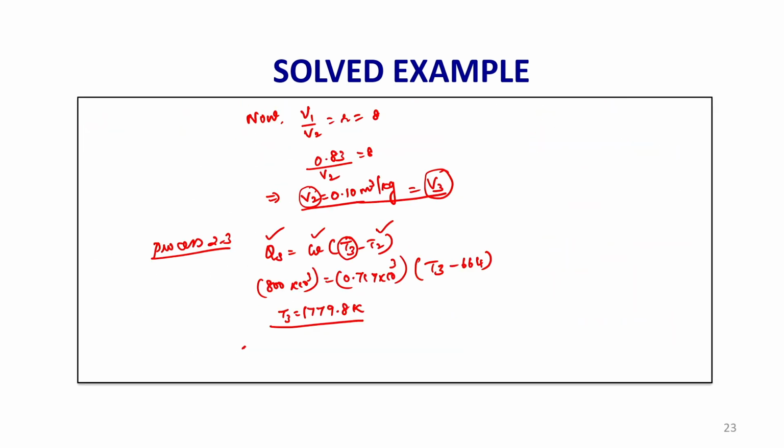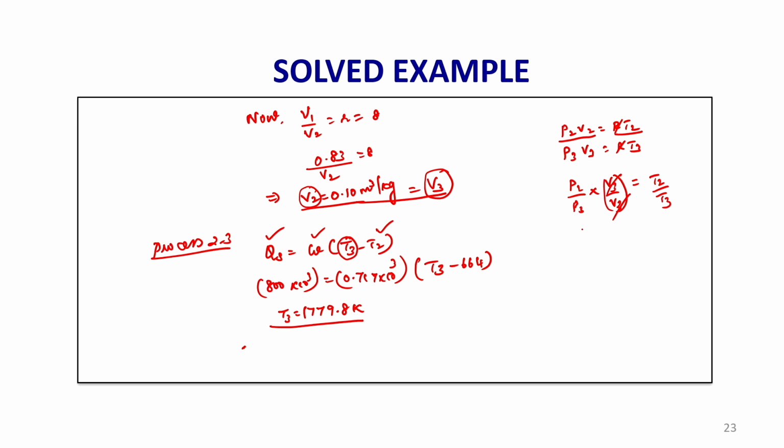The basic equation: apply the equation at state point 2, P2 V2 equal to m, which is 1, R into T2, and P3 V3 is equal to R into T3. Divide these two equations. So, P2 by P3 equals V2 by V3, R and R get cancelled, T2 by T3, and V2 and V3 get cancelled.